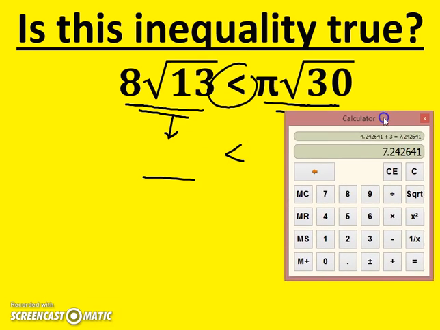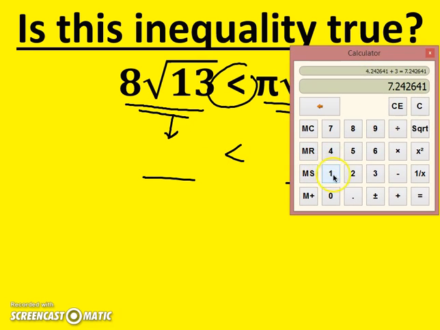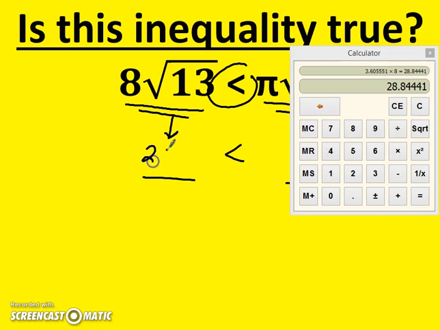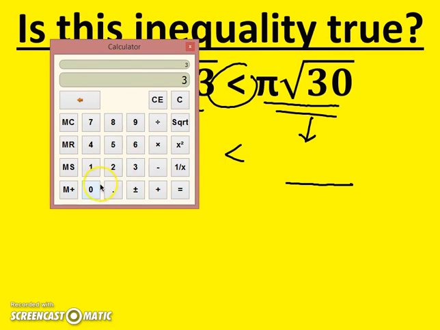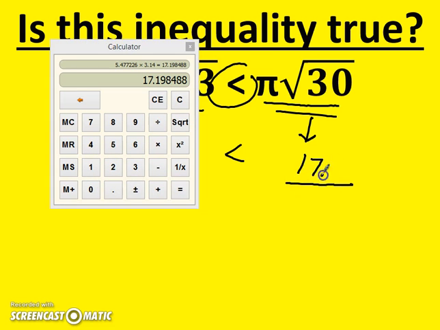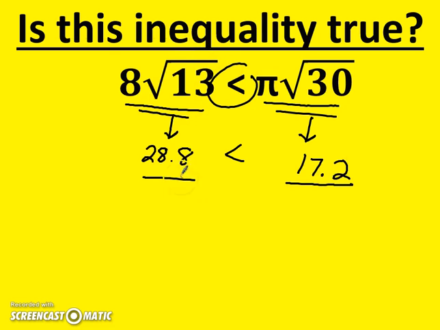So, for example, if we already used our estimation strategies, we could check with a calculator the square root of 13 times 8. So we would get about 28.8. And on this side, 30 square rooted and then multiplied by 3.14 would give us 17.2. So is it true that 28.8 is less than 17.2? No. So that means that this original inequality is not true.